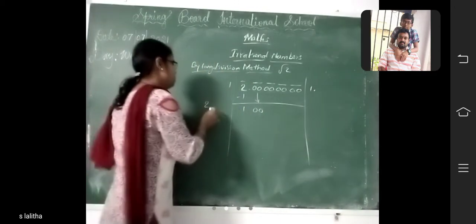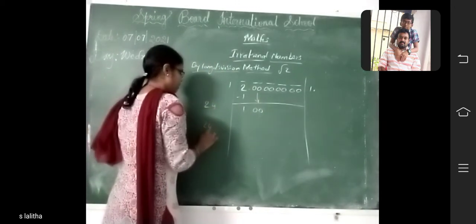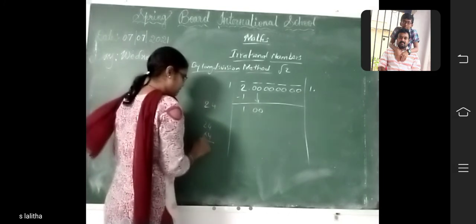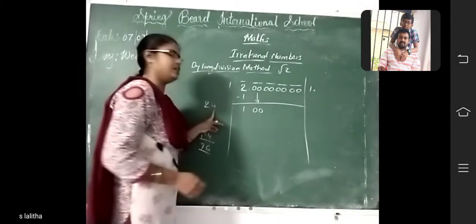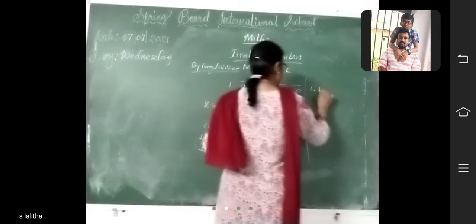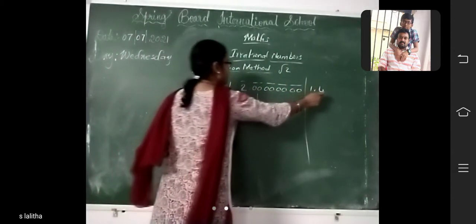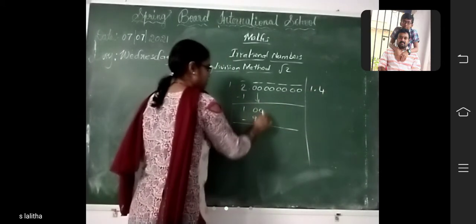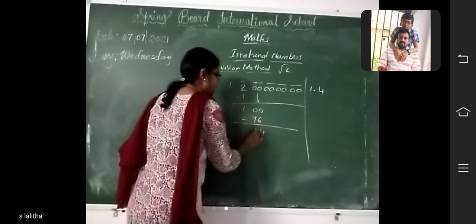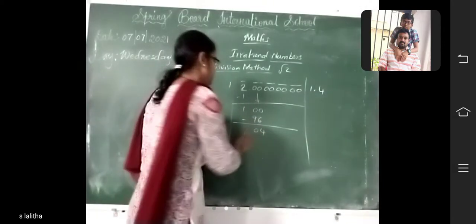Suppose you take 4. 24 into 4: 4 fours are 16, 4 twos are 8, 9, 96. So you write 4 here, and here also you should write 4. So 24 into 4 is 96. Subtract: 10 minus 6 is 4, 9 minus 9 is 0.